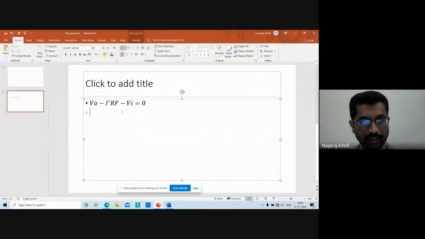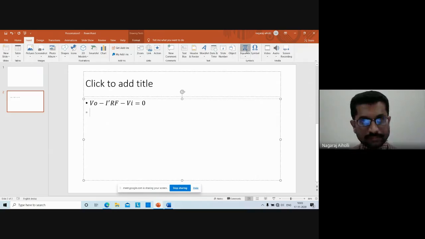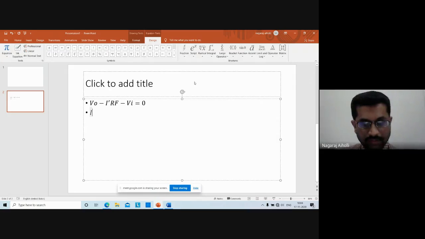Or if we rearrange this for I dash, then what we get? I dash is equal to V naught minus VI divided by RF. I dash RF will be equal to V naught minus VI, because if we take I dash RF to the RHS, we get plus I dash RF.